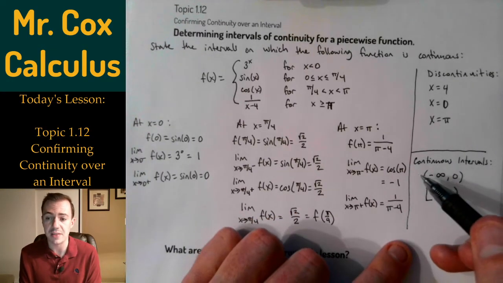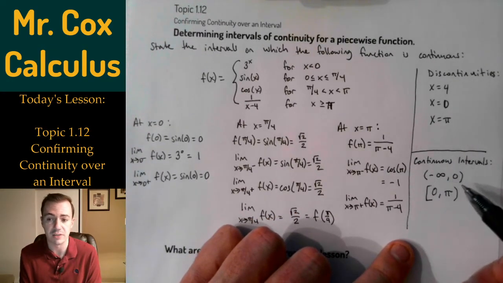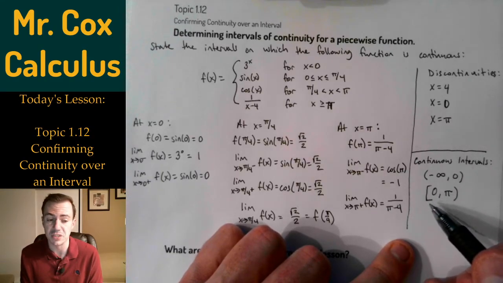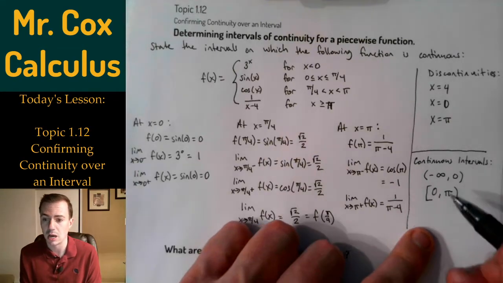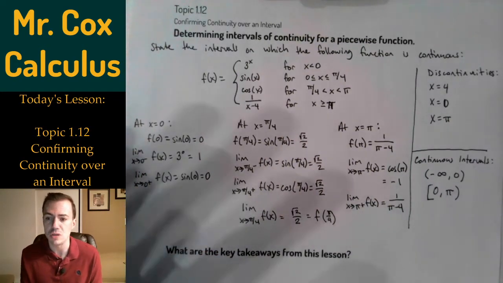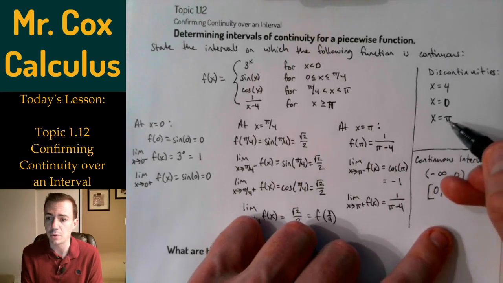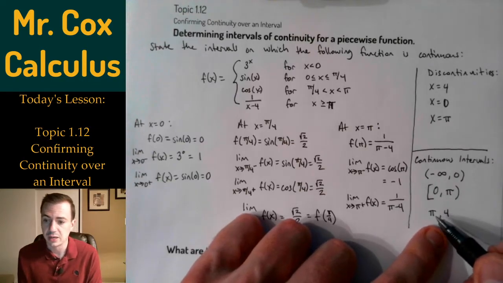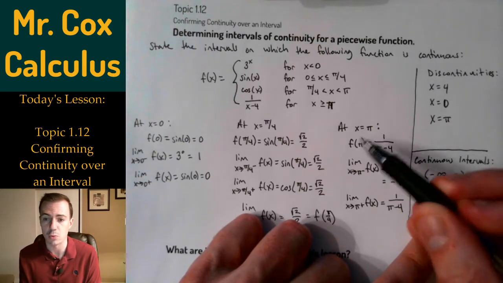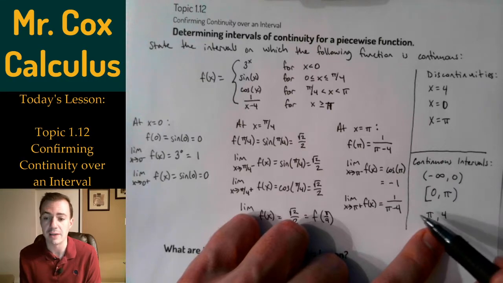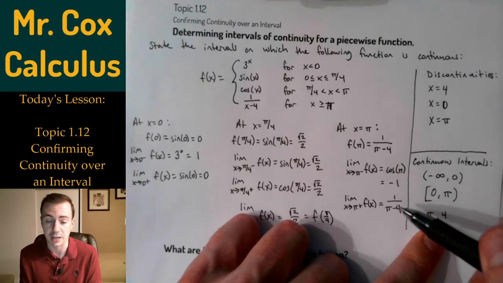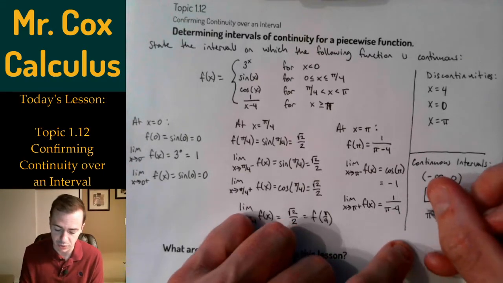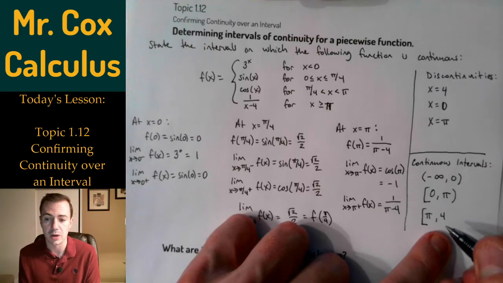So I could say, yeah, this function is continuous from negative infinity to 0, but not 0. I can also say that it's continuous from 0 to pi and includes 0. But this is, again, not a situation where I would union them together. I also know that from pi to 4, I don't have a break in continuity. Now, f of pi was this value right here. As I approach pi from the right, my left endpoint matches that value, so I can actually close pi off here when I list this.